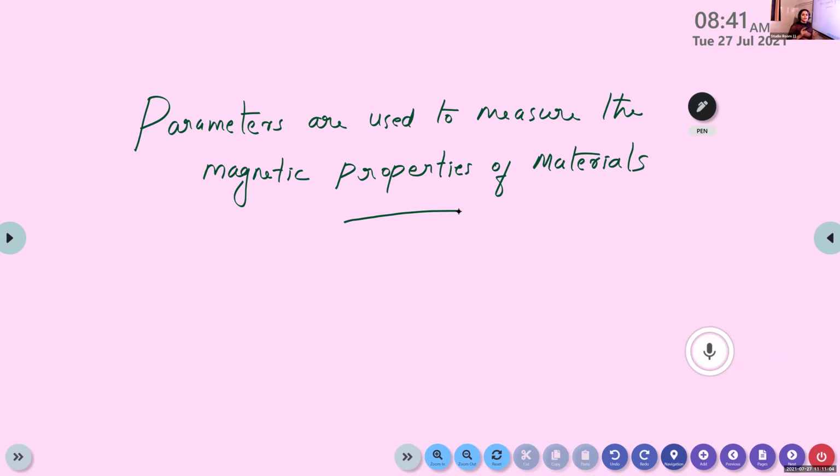There are 3 or 4 parameters which are normally used to measure the magnetic properties of materials.